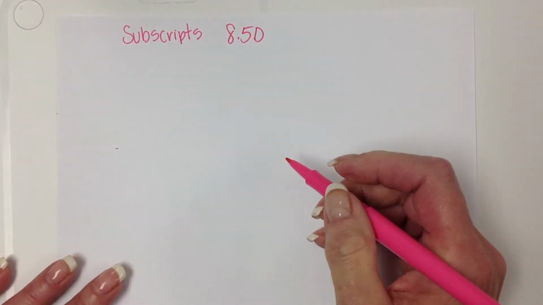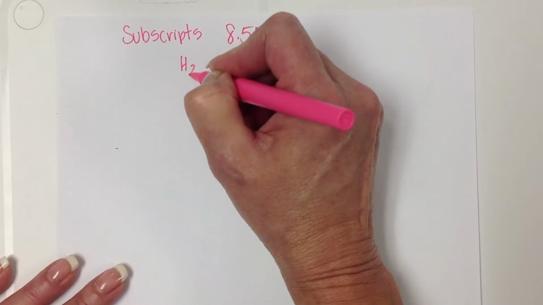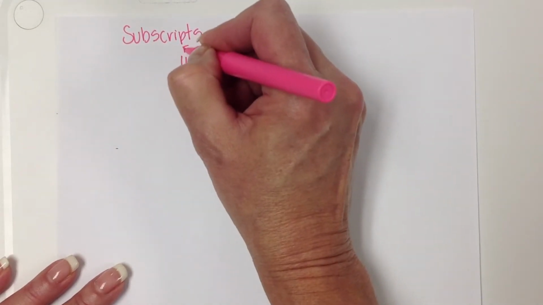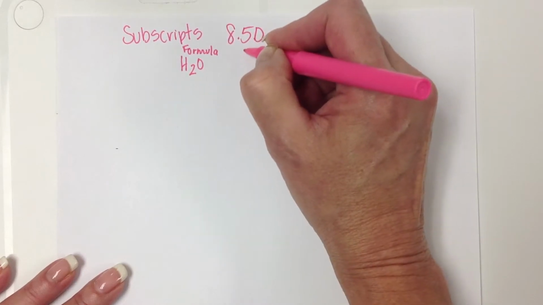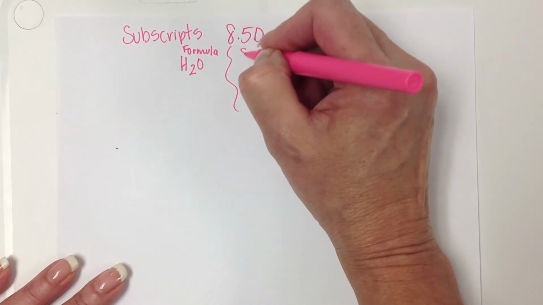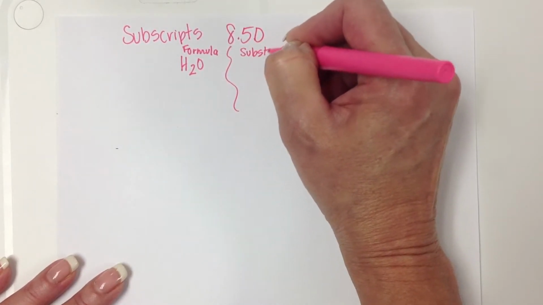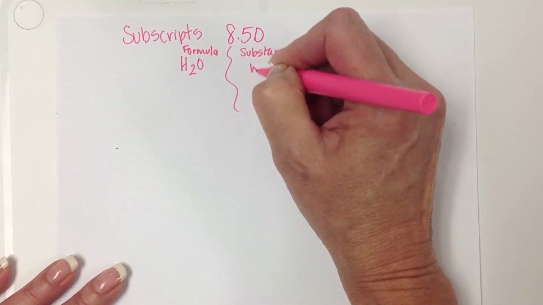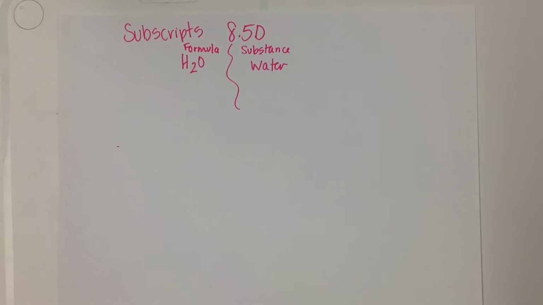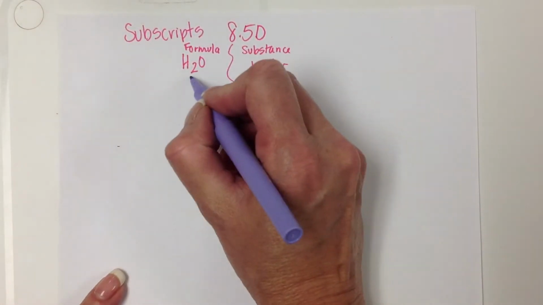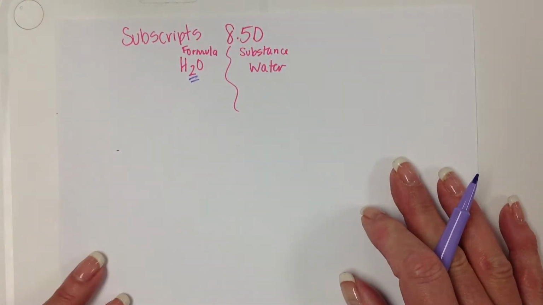Well, we already know that H2O is a formula, right? That describes a substance, and we know the substance ought to be water, right? Well, in this formula, the little 2 is our subscript.